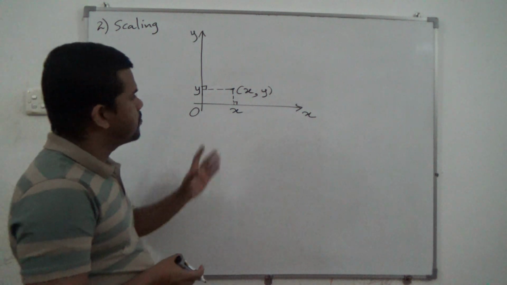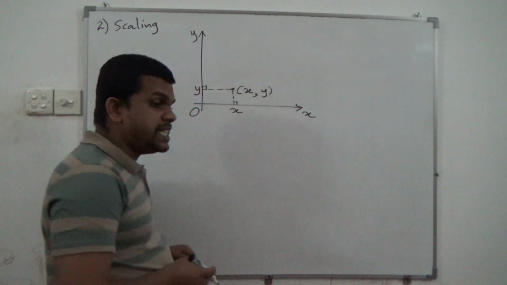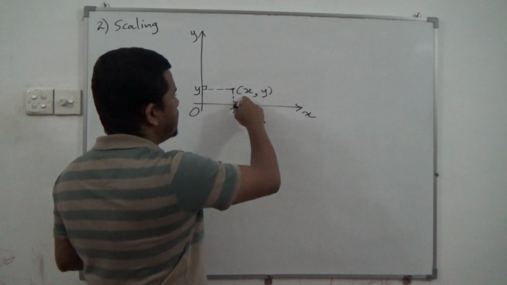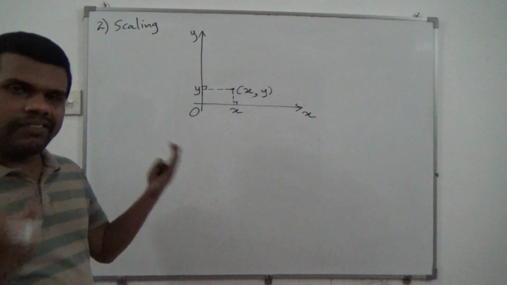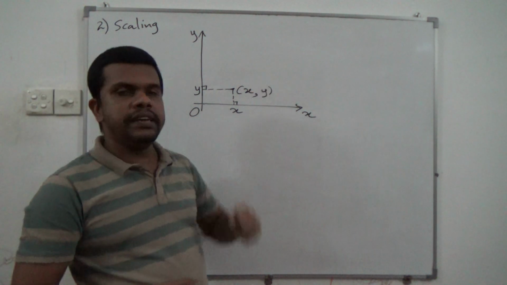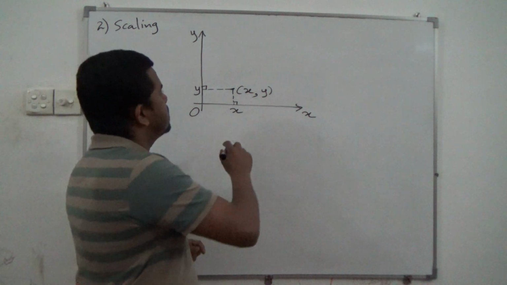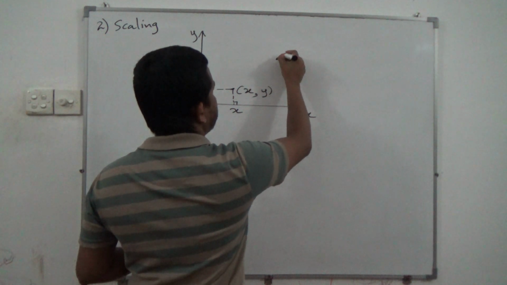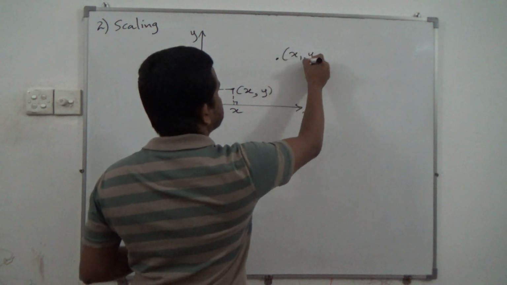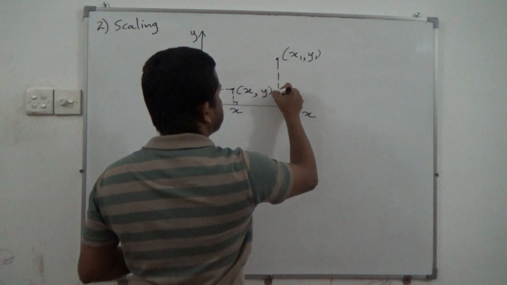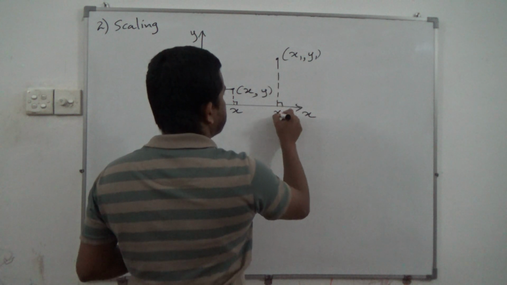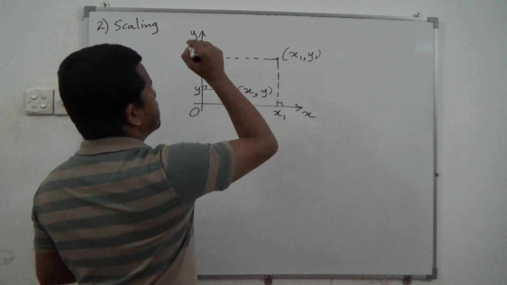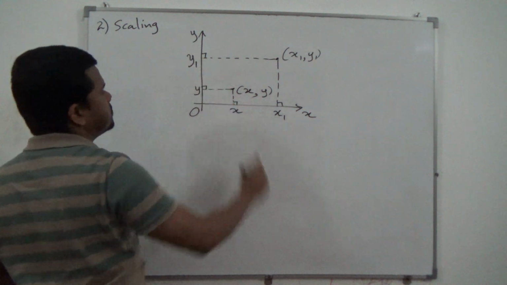Now we scale, that means we multiply the x coordinate by some value, and the y coordinate by another value. So suppose that you get a point somewhere here and its coordinates are x1 comma y1. Here we have x1, here we have y1.